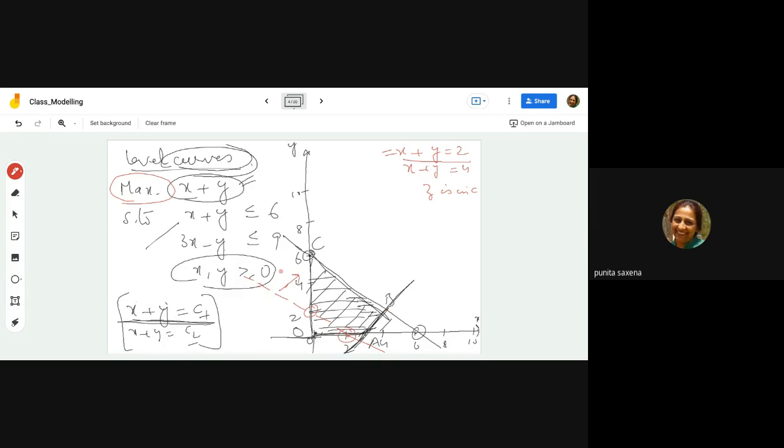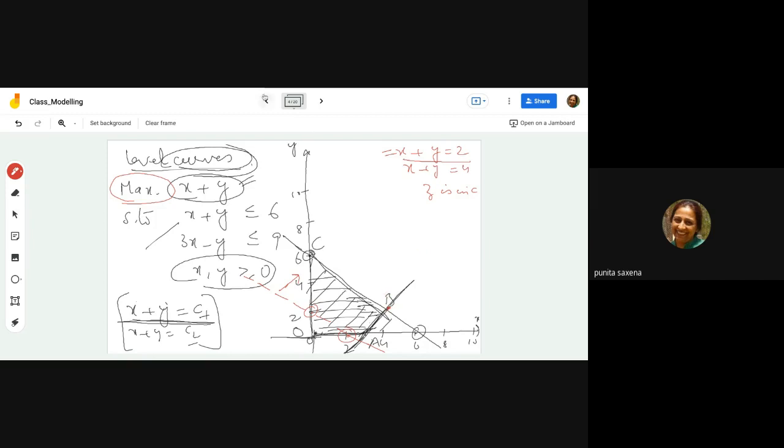So you just keep on moving this line, like putting a scale here and moving it till you are just at the boundary of the feasible region and the scale just touches your feasible region at a point. That point will be your optimal solution.